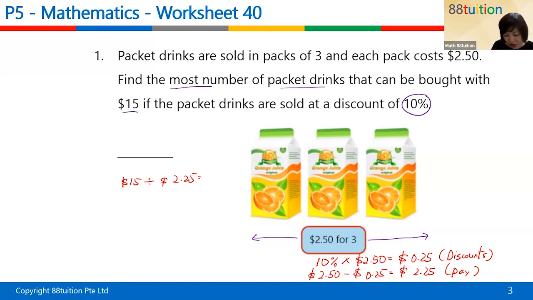So then you will get 6 and 2/3 sets. All right. So you cannot find 2/3 sets, but you can have 6 sets, right? So with the 6 sets, you must multiply by 3, which will give you 18 packet drinks. Okay? 18 packets for this.